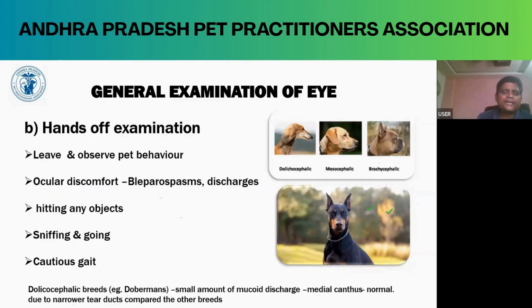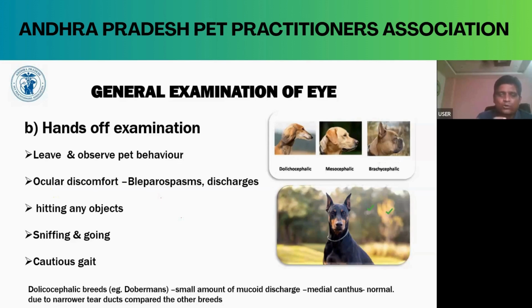And in some breeds, the dolichocephalic breeds and the Dobermans, it's a common thing that we will observe a mucus discharge at the medial canthus side, if it is a small quantity. Why? Because they have narrower tear duct canals.